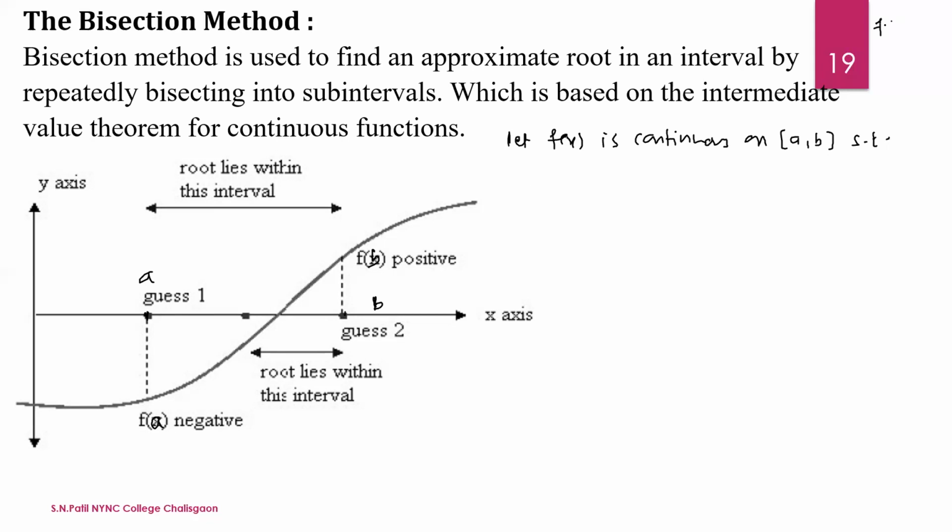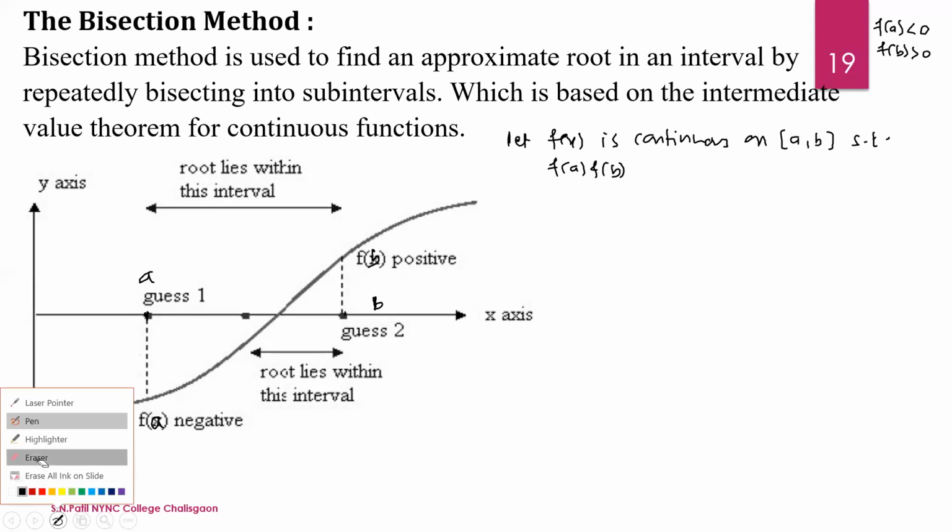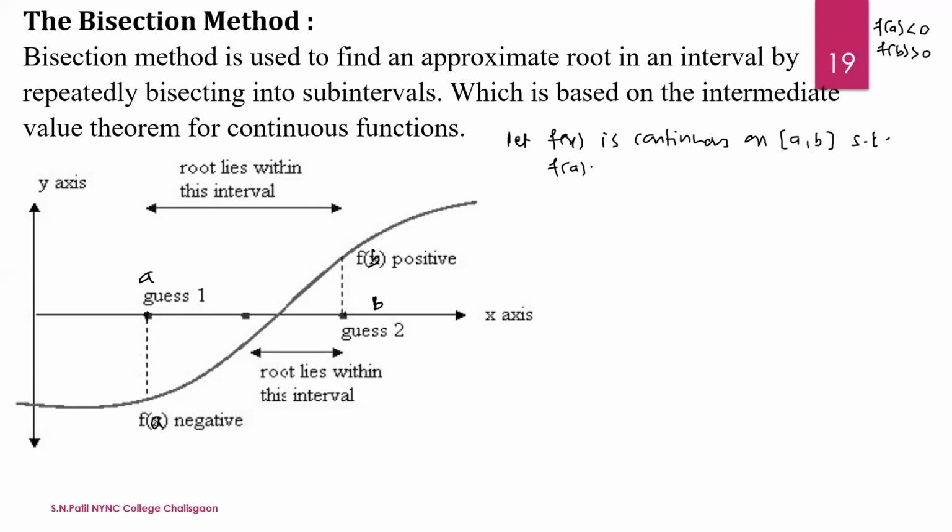Opposite sign means, if f of A is negative then f of B is positive, such that the product f of A into f of B is negative.